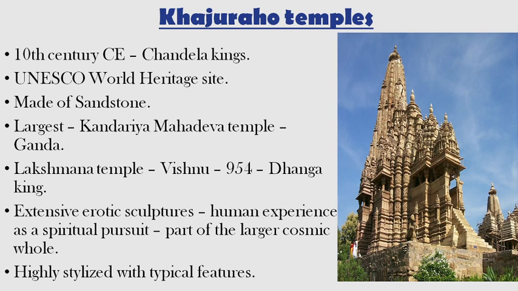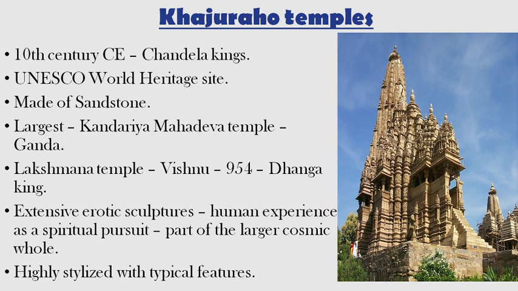These Khajuraho temples are very famous for extensive erotic sculptures. They included these sculptures because human experience as a spiritual pursuit is in these erotic sculptures, and this is a part of the larger cosmic whole. If you recall, these temples were sites of education. To attain knowledge, men used to come to the temple and they used to be celibates or observe brahmacharya here.